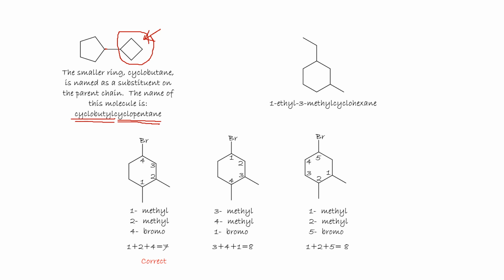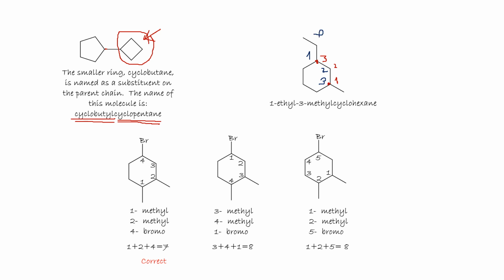Let's look at a cyclic compound again. You have two different groups. You will number the system, either 1, 2, 3, or this is number 1 and this is number 2, number 3. It is the same number from both sides. Then you look at the names.